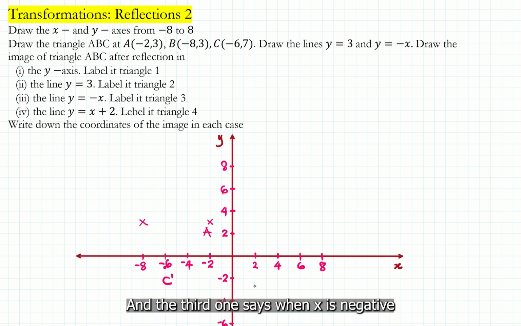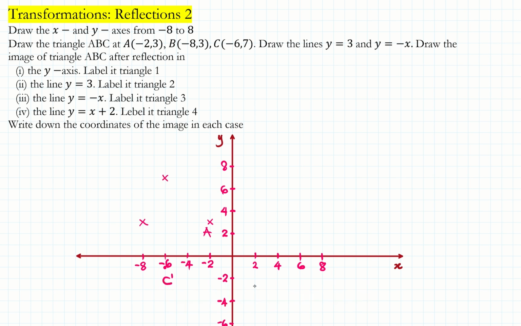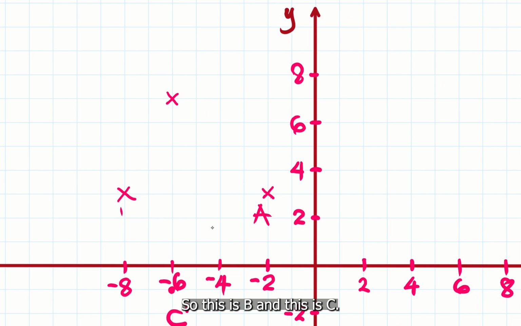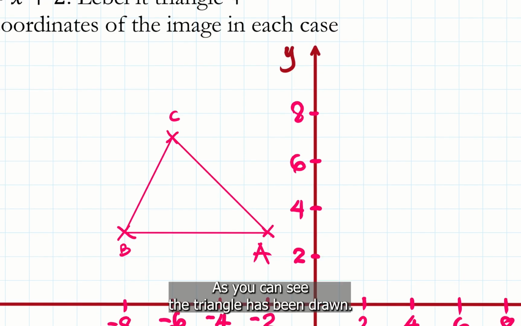And the third one says when x is -6, y is 7. And that seems to be at this point. So this is B and this is C. Next, we'll join the triangle. Okay, as you can see, the triangle has been drawn.